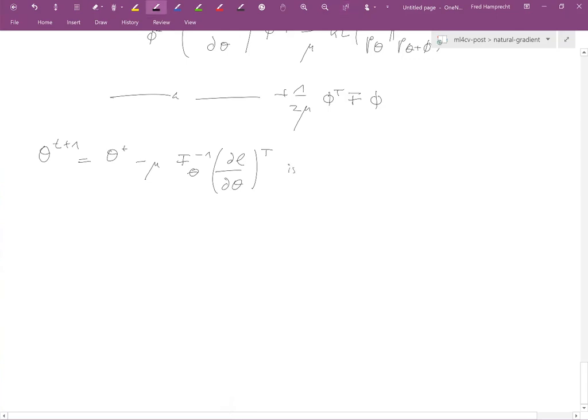Okay, and this is now parameterization independent at last. So we started from a dissimilarity measure which directly depended on the output distributions and not on the way that these were parametrized.